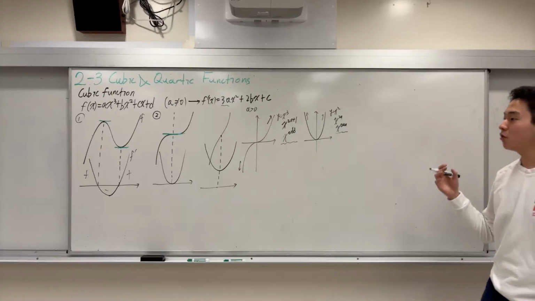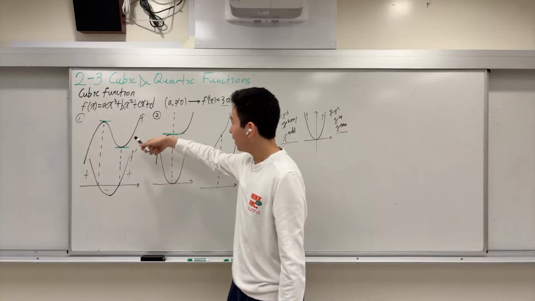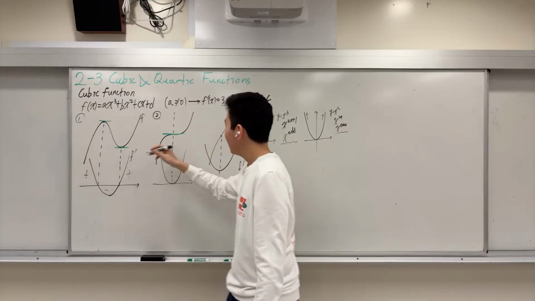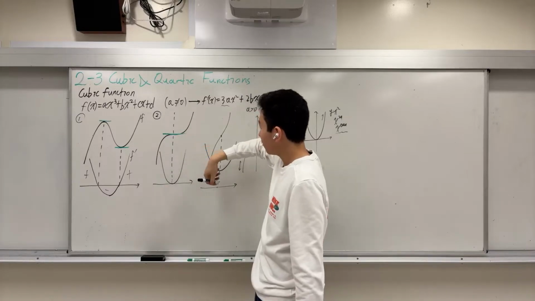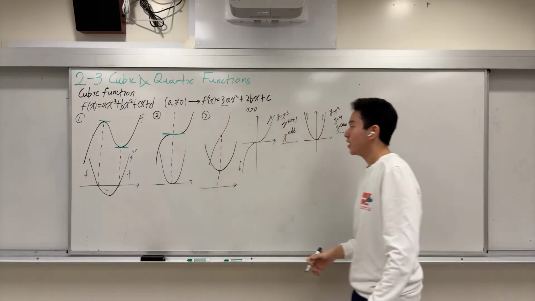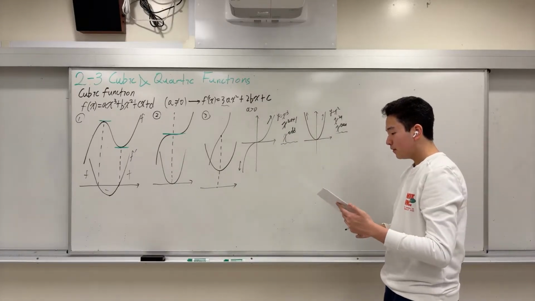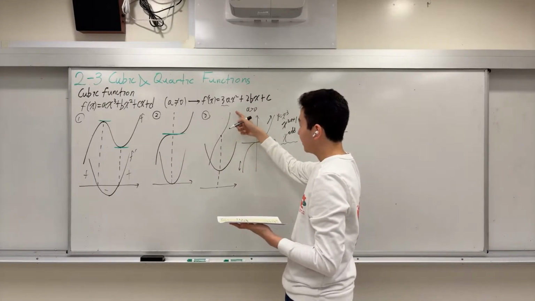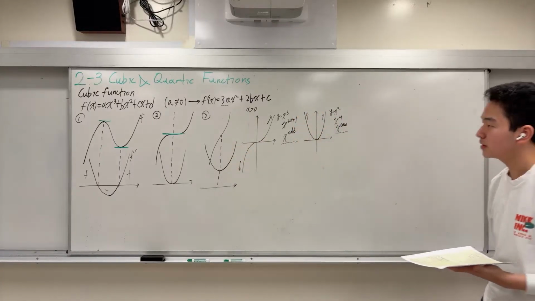Okay, so now you know what the three types of cubic functions look like. It's either this with a local maximum and a local minimum, or this with just one point where the derivative is 0. This curve and this curve do not have any local maximums or minimums, right? And this final curve does not have any points where f prime of x equals 0.